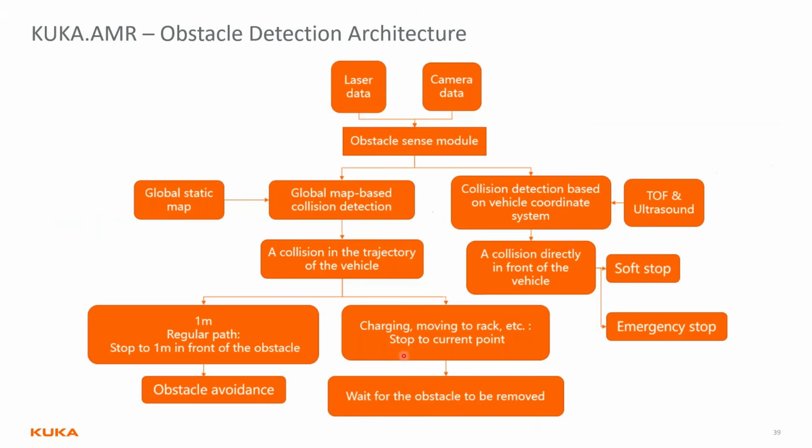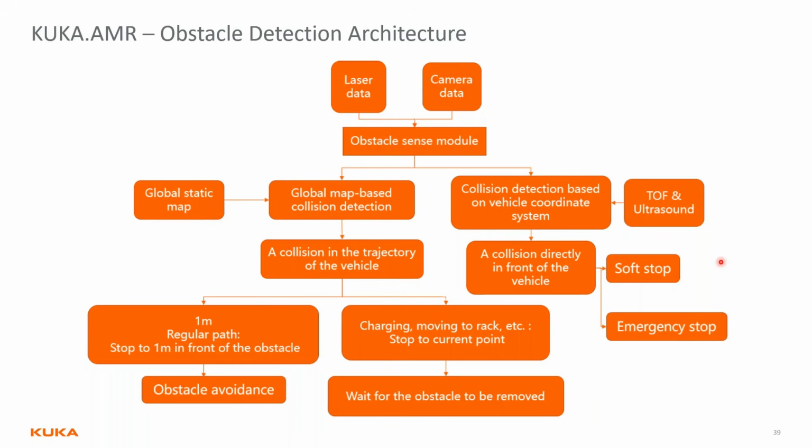This is the architecture of the obstacle detection. Again, it uses the laser data and camera data both for the obstacle detection module. It also considers the static map that you create with the scanners, the time of flight sensors, the cameras, and ultrasound.